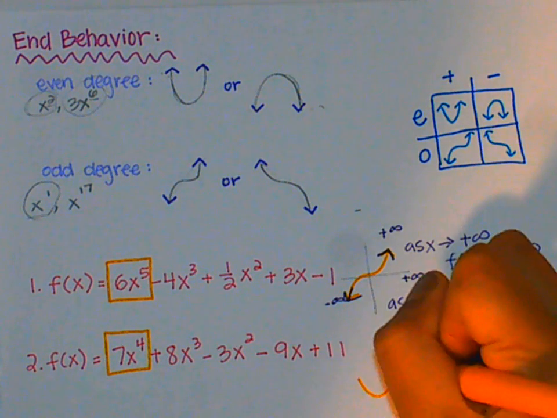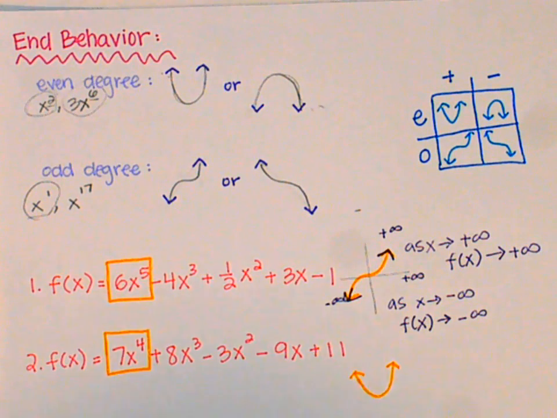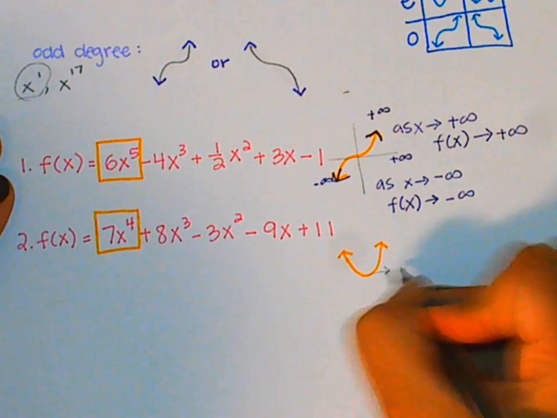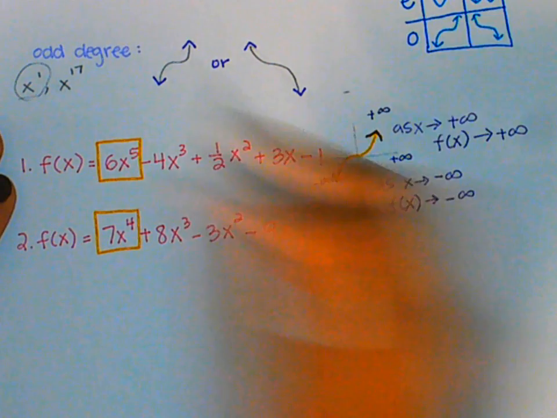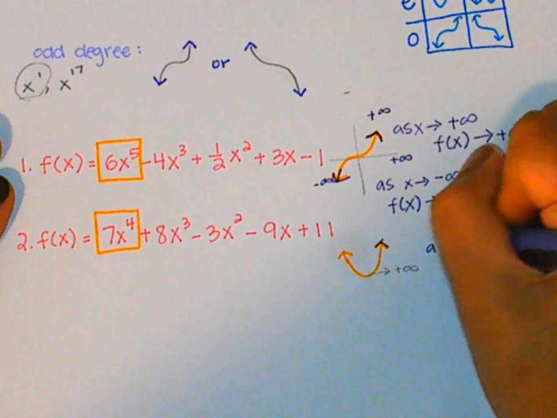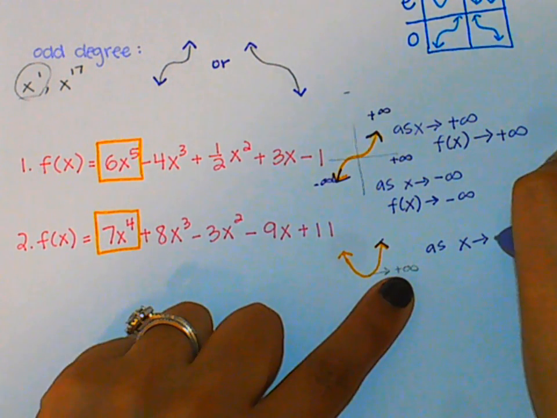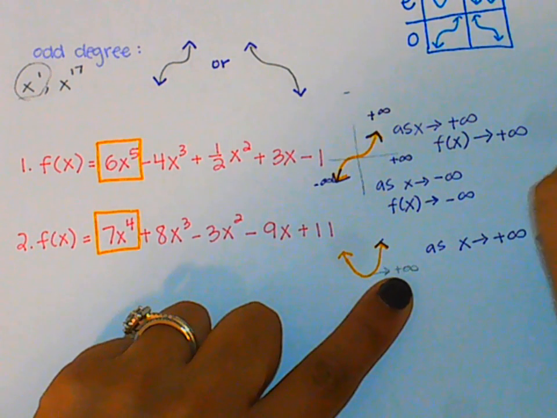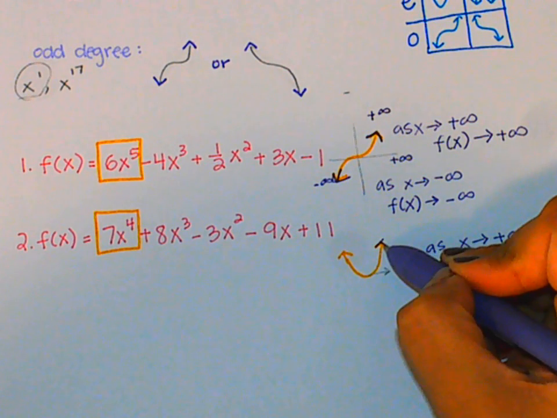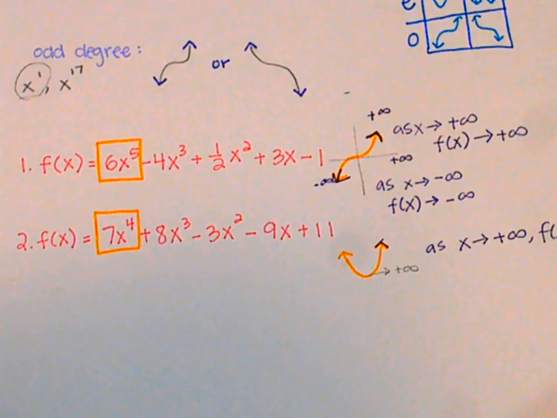So in this graph, as I'm moving in the direction of positive infinity, what happens to my arrow? So as these are my x values, as that goes to positive infinity, where does f of x go? Does it go to positive infinity or does it go to negative infinity? It goes towards positive infinity.